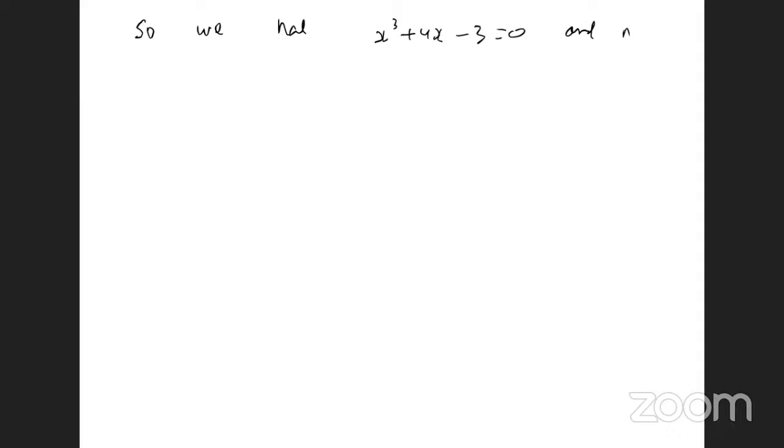And we need to get a new equation with roots 1 on alpha squared, 1 on beta squared, 1 on gamma squared. So here's how we could do it as well. A next way to do it is something like this.